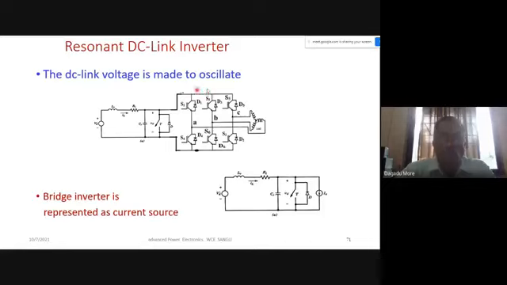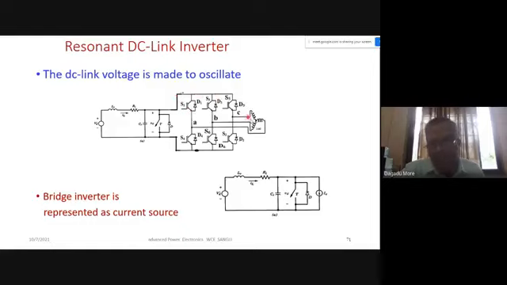And now this is our conventional voltage source inverter, VSI, or the three-phase bridge inverter, the conventional bridge inverter. Our DC link current is almost constant. Whenever we operate this with any PWM technique, this DC current will be almost constant for a particular load condition. So for simple representation, this bridge inverter with load can be represented as a current source.